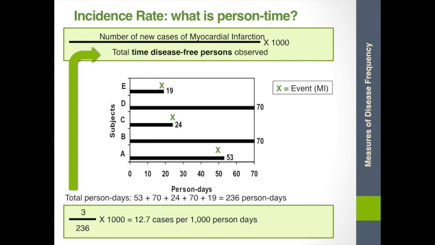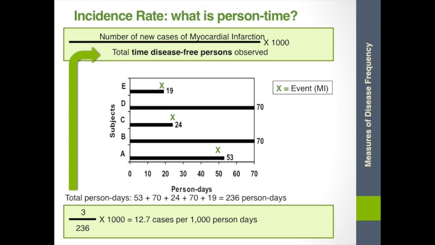Person time would be the sum of the total time that all individuals contributed to the study. In this case, the unit will be person days. For example, individual A contributed 53 days, individual B 70 days, C 24 days, and so on, for a total of 233 person days.